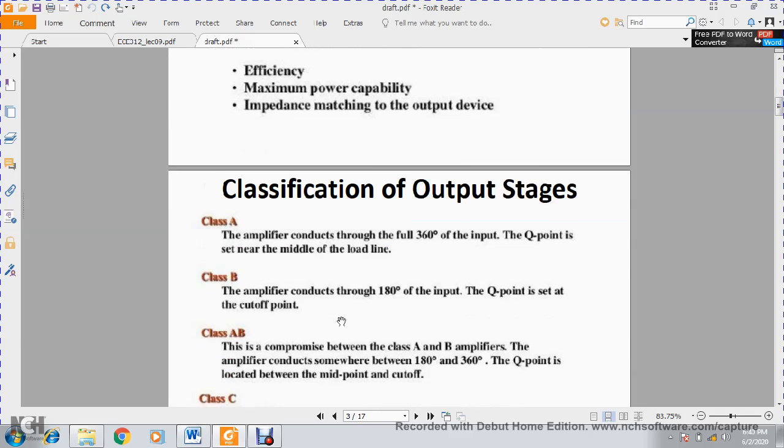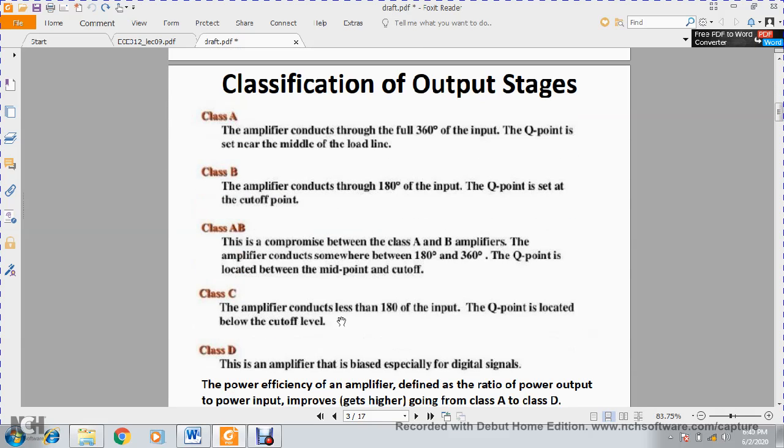So let's see the classification of output stages. Power amplifiers are classified as class A, class B, class AB, class C and class D power amplifiers. So there are 5 classifications as we can see here.